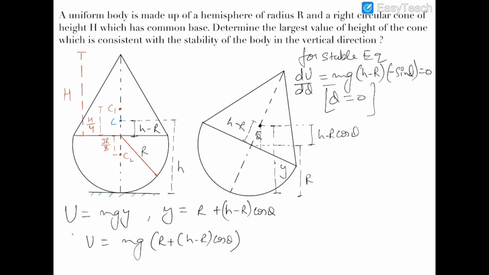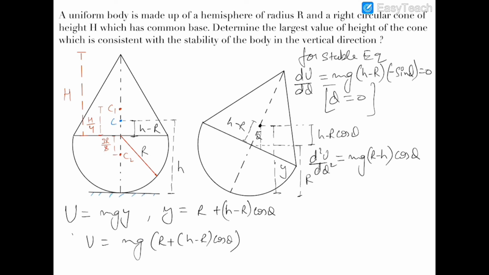You can see that if this complete function is 0, then theta will be 0. So if I double differentiate this function, d square U by d theta square, then it would be mg into r minus h into cos theta.